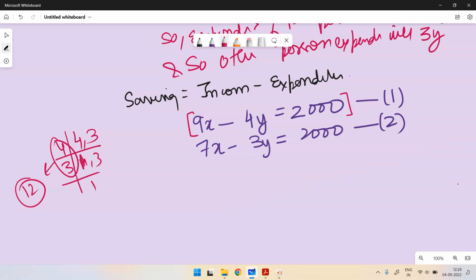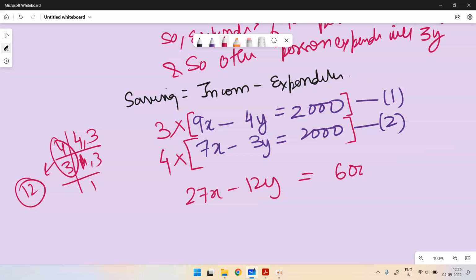So the first equation I will multiply with 3, and the second I have to multiply by 4 to make it 12. The two equations become 27x minus 12y equal to 6000, and 28x minus 12y equal to 8000.